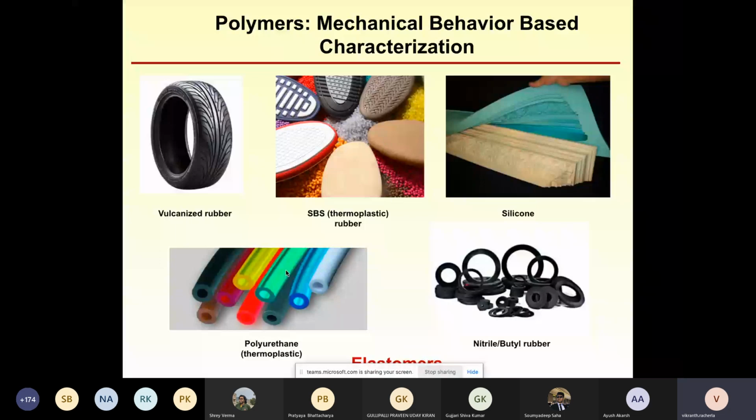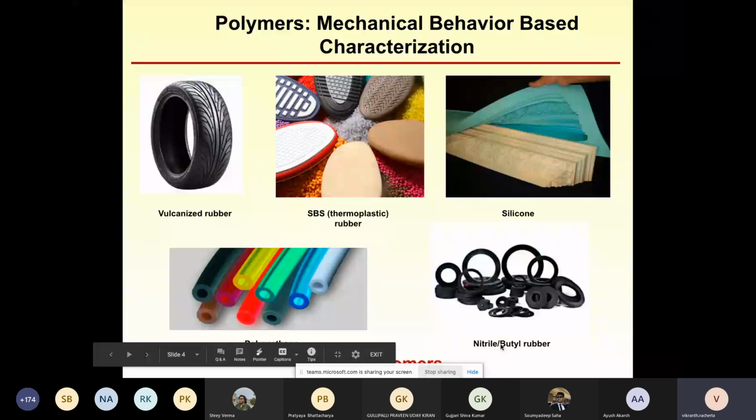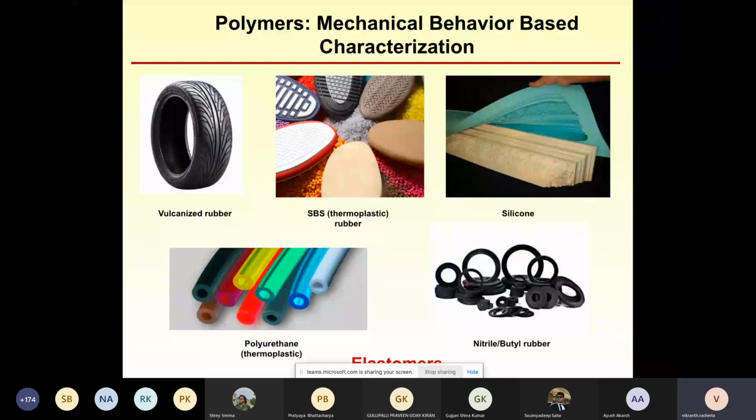In addition to some utility items, silicone and nitrile butyl rubber play some very important roles in engineering applications. They are used for making gaskets, or they are used for providing sealing between the inside and the outside. What property of the material would make them very highly suitable for making gaskets? Name some applications where you have encountered gaskets.